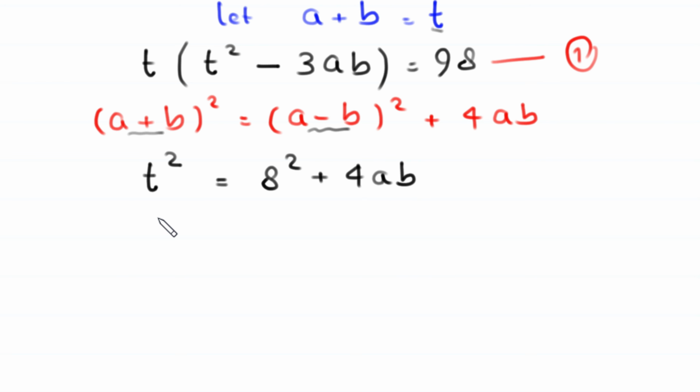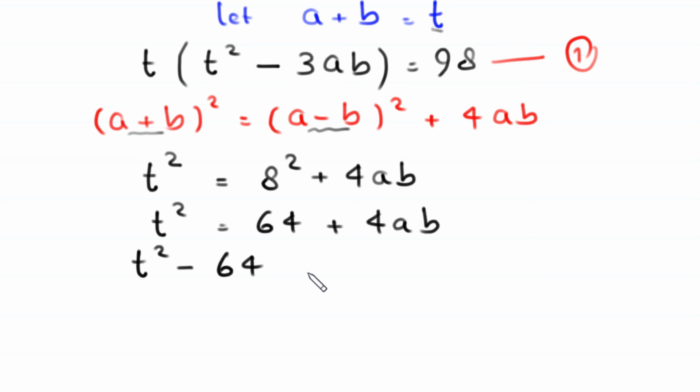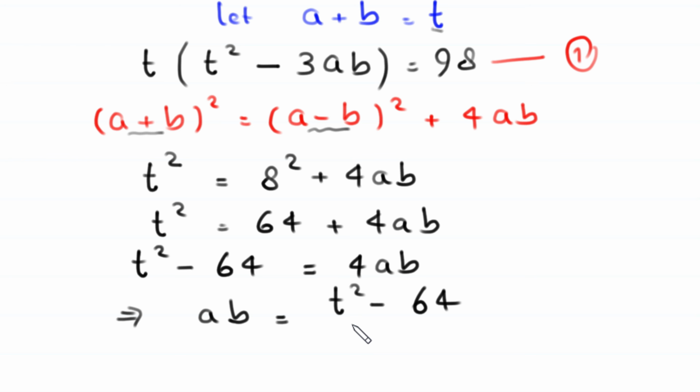Further simplify, this will become t squared equal to 64 plus 4ab. Move this 64 to the left hand side, this will become t squared minus 64 equal to 4ab. If we divide both sides by 4, this implies that a times b is equal to t squared minus 64 divided by 4.